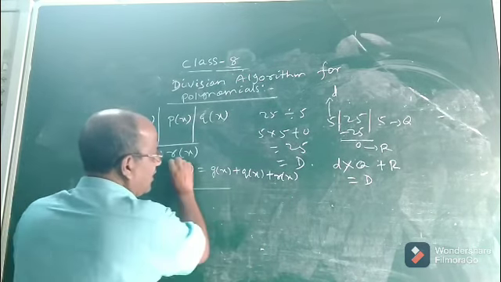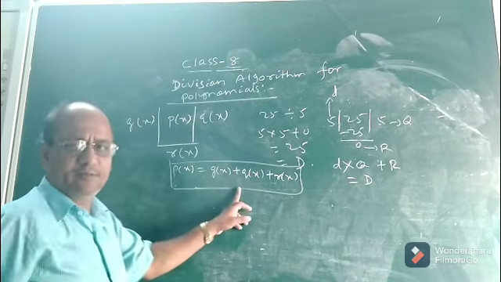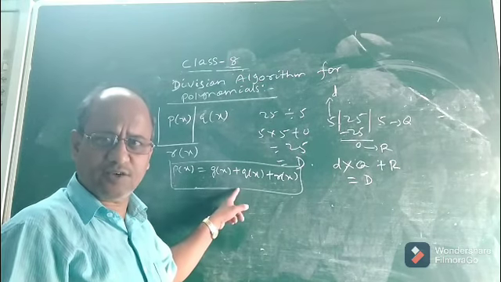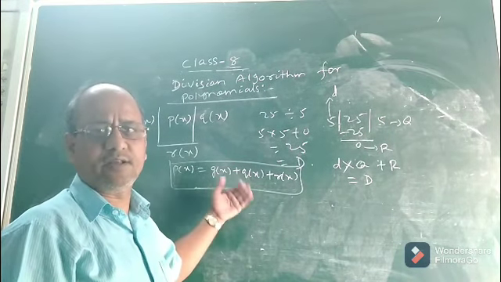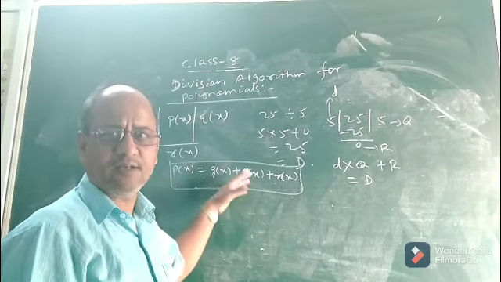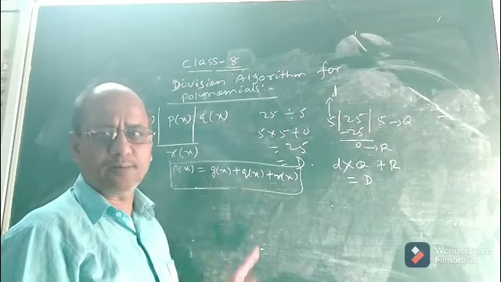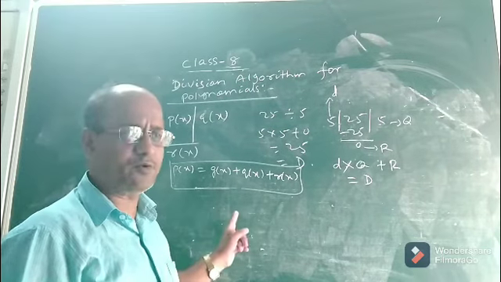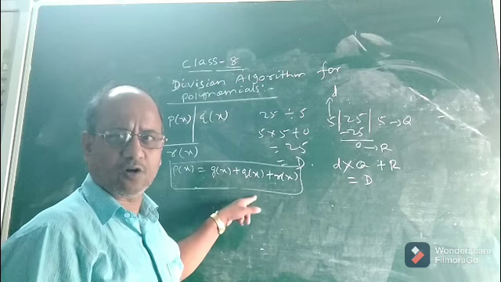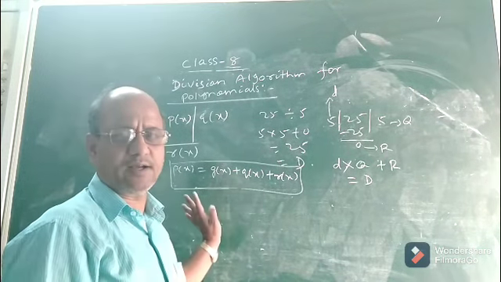This formula is known as the division algorithm for polynomials, and we use it to check whether our division is correct or not. In the previous class, I discussed how to divide one polynomial by another using the long division process. After dividing, you will get some quotient and remainder.